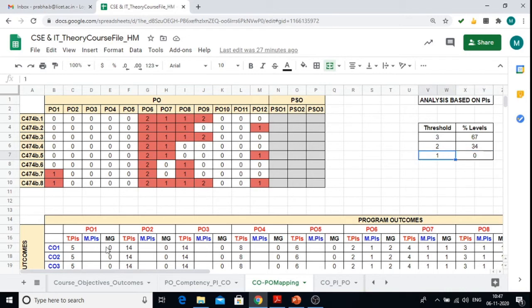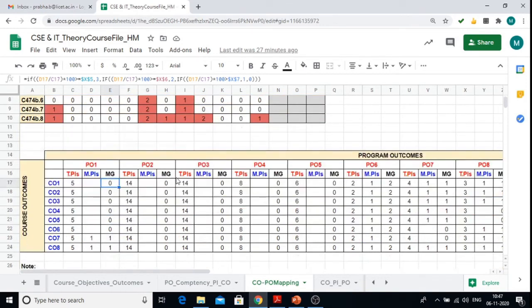Like this, the formula is used to calculate the mapping grade. I repeat how to calculate the mapping grade Mg: it is the ratio between the number of PIs that are mapped with respect to the total number of PIs. Like this we have to complete for all the 12 POs.